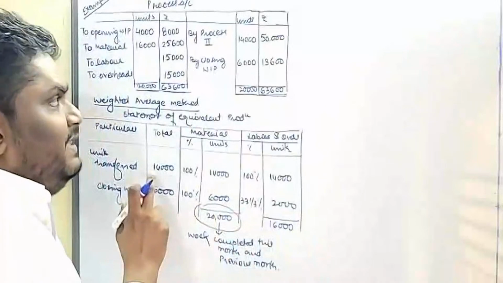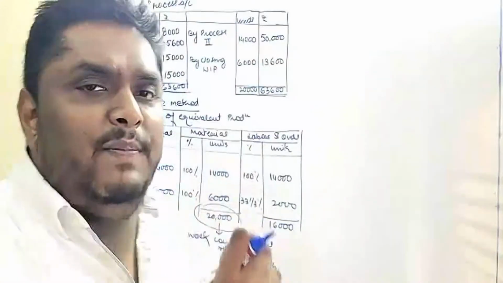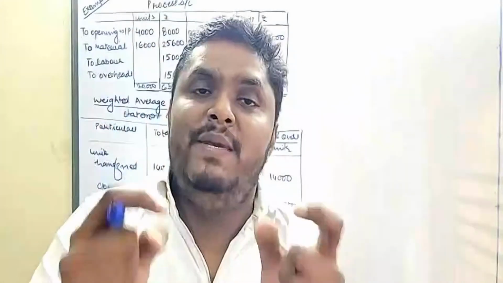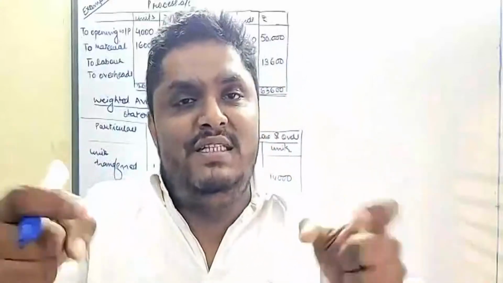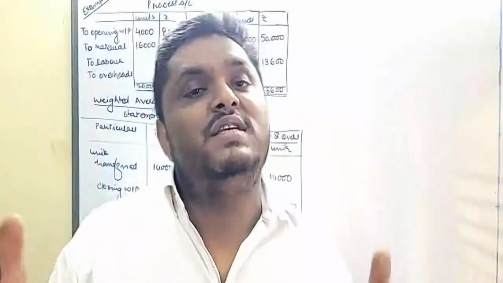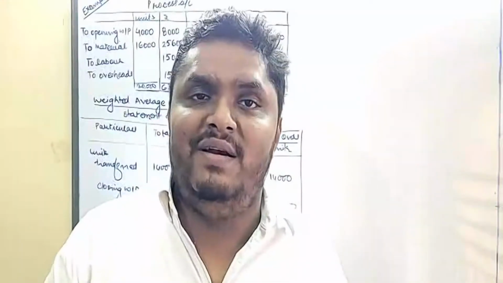Because we are taking these 14,000 units as 100%. It means what? 100% means the work that has been processed this month and the work that has been processed in the previous month. That's why we are taking 100%.